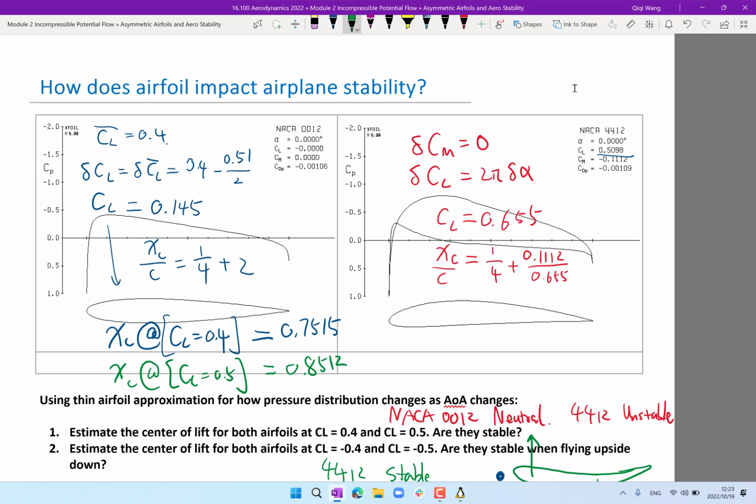Instead, what you should get is, as you increase the angle of attack, you have a flat plate solution over here and a separate flat plate solution over here. So the additional vorticity distribution you get has this shape over here and another of this shape over here. The average is going to be the average of the quarter chord of this one and the quarter chord of this one. It's actually going to be 1.25. All right? Does that make sense?